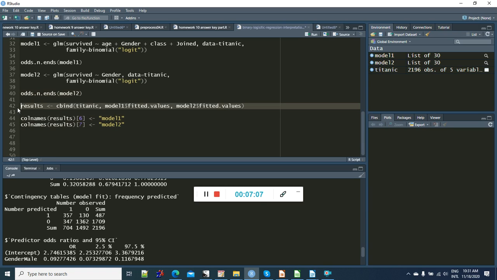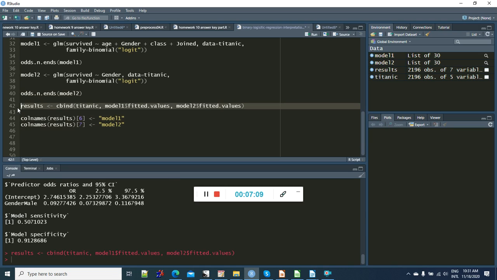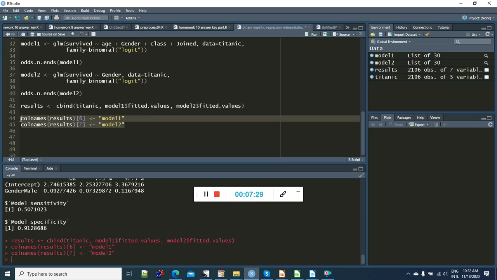one way to explain this is to put the results into a single table. So I'm using the cbind function for column bind, so I'm combining the original Titanic data, the fitted values from model 1, so those are the predictions, and the fitted values from model 2. And we're putting those side by side, and I'm going to name those columns model 1 and model 2 just to be clear.